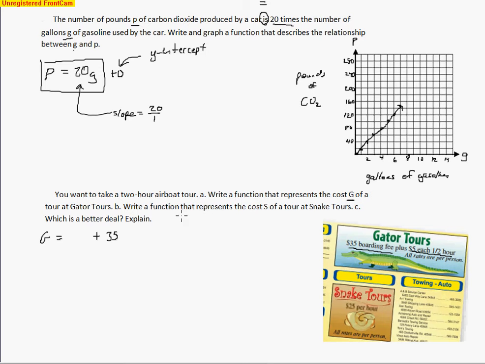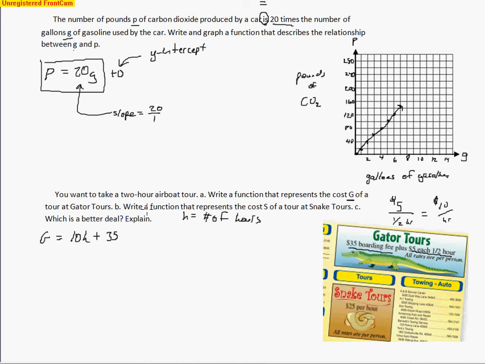I'm going to use H for the number of hours. Since it's $5 per half hour, I want to change it to hours, so that's going to be $10 every hour. So I'm going to write down that this is 10h. That's the rate of change. So that's the first equation.